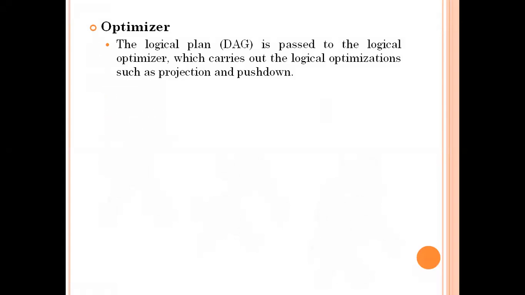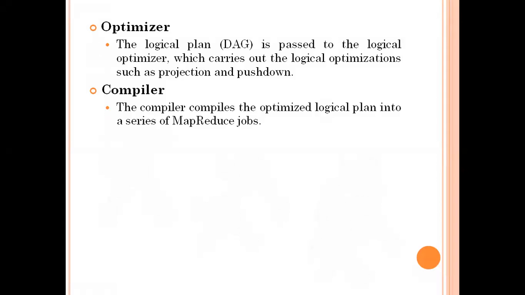The logical form DAG is processed into a logical optimizer which carries out the logical optimization such as projection and push down. So how are we going to do the reducing? How can we reduce from the DAG such that the number of statements we can reduce?